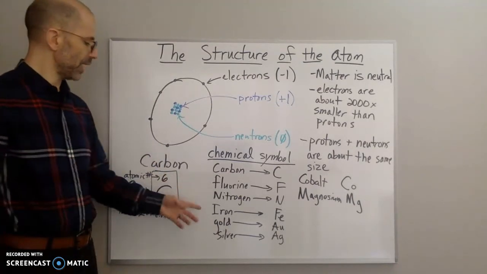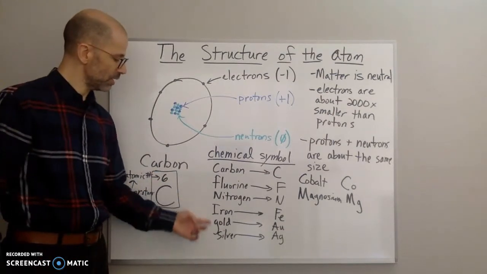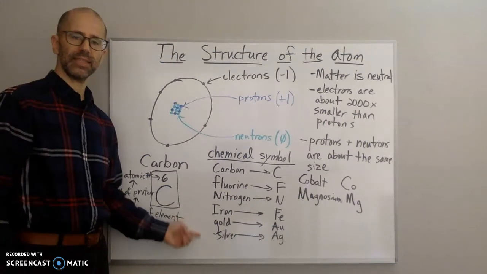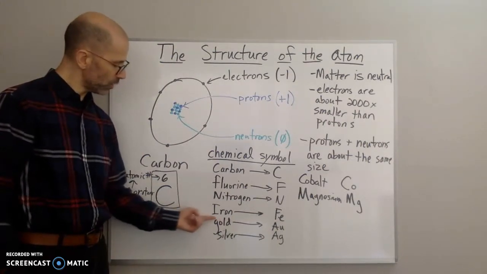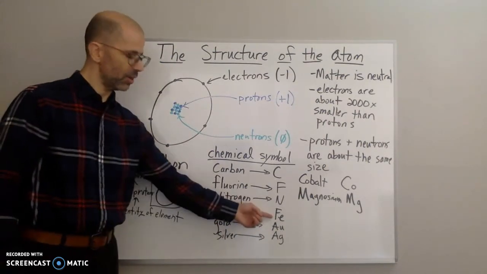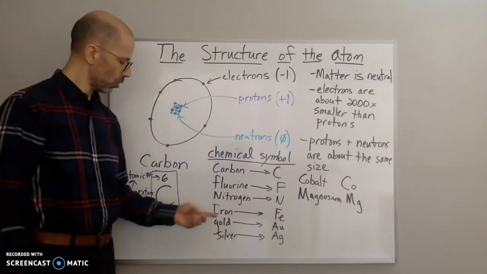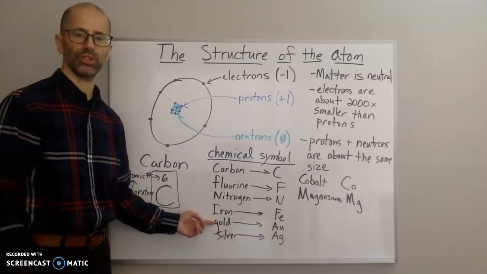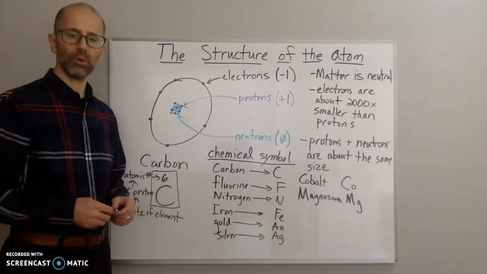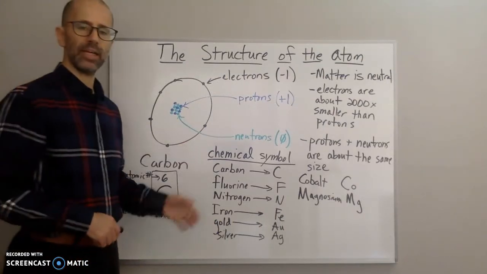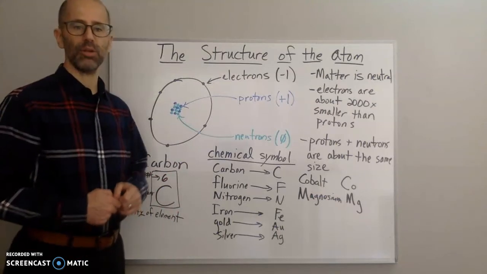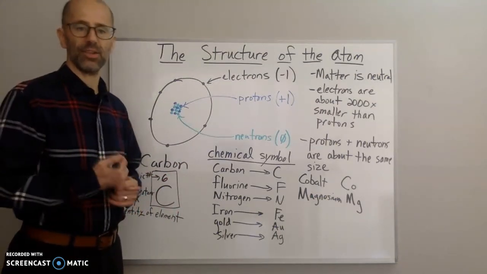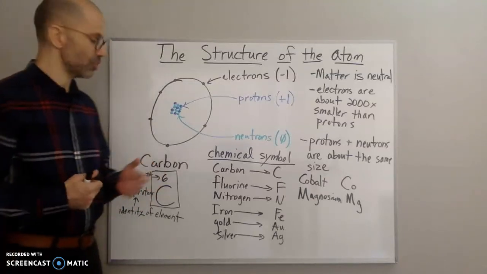The other thing I want to point out is, as you may have noticed here, the symbols don't quite make sense with the name. Why are we naming iron with a symbol Fe? Or why is gold Au instead of Go, or just capital G, right? That's for historical reasons. Many of the elements on the periodic table are named in either Latin or Greek, right?